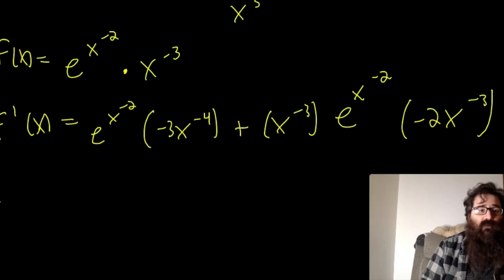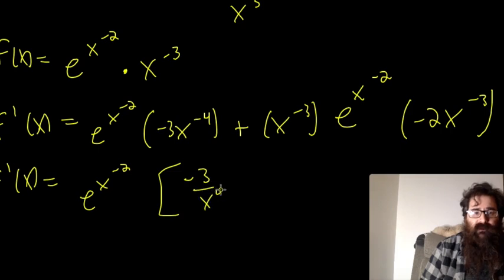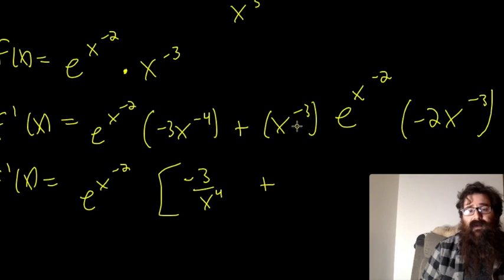And I can clean up my derivative. Here, if I want to factor this e to the x to the minus 2 out, I'm left with negative 3x to the minus 4, or that's negative 3 over x to the 4th, plus I'm left with x to the minus 3 times negative 2x to the minus 3, so that's negative 2, and then x to the minus 6, or negative 2 over x to the 6th power.